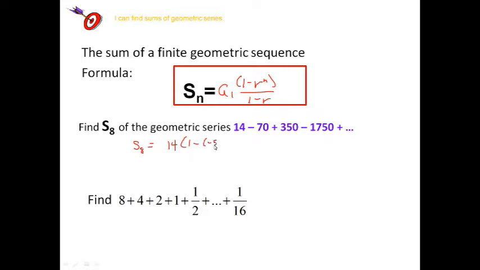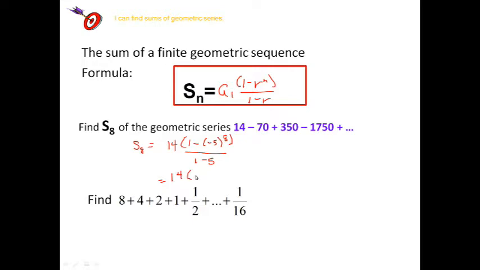So 1 minus negative 5 to the 8th all over 1 minus negative 5. I'm just going to do the 1 minus negative 5 to the 8th, which is going to end up being 1 minus 5 to the 8th. And I got negative 390,624.